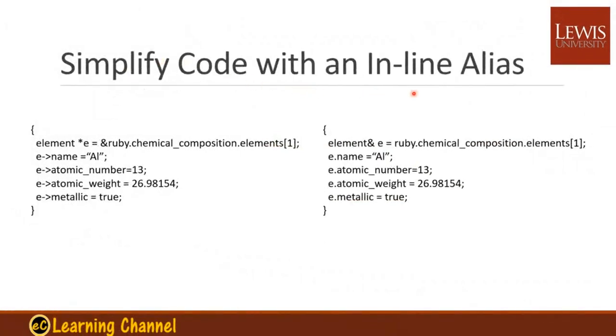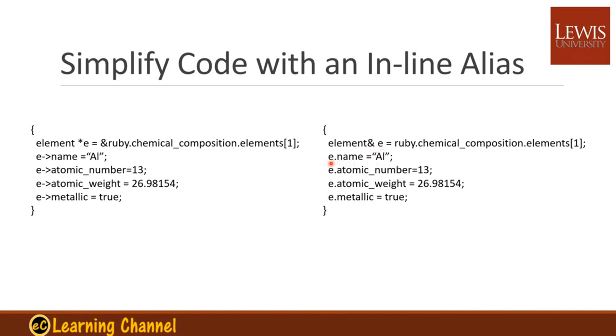Simplify code with the inline alias. On the left hand side, we have this body where E is an element assigned by the edges. Then we use the pointer to give a reference to the atom aluminum, atomic number 13 for the record. And on the right hand side we have an alias, which is a name for the structure.